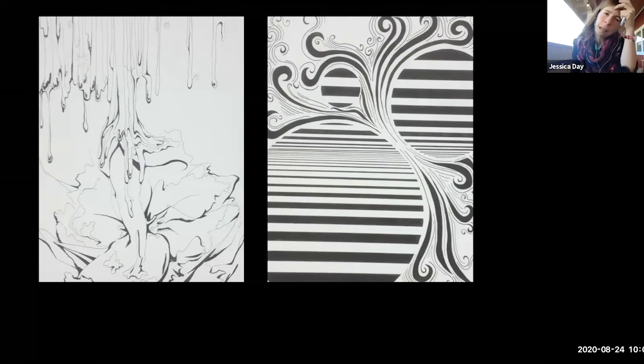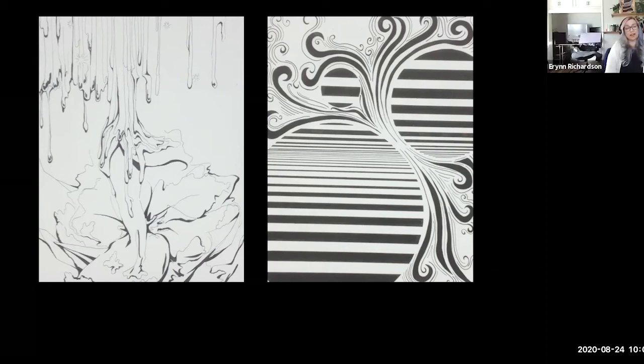The picture on the left, is that more abstract or representational? Because it looks much like a tree. So would that still be considered non-representational? Yeah, so I'm glad you asked that. So for this project, I was really, really strict. They couldn't have anything representational at all.